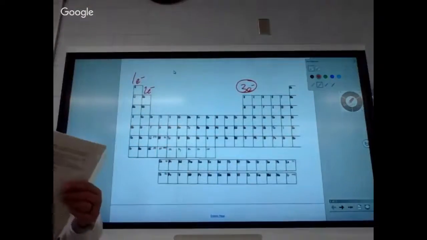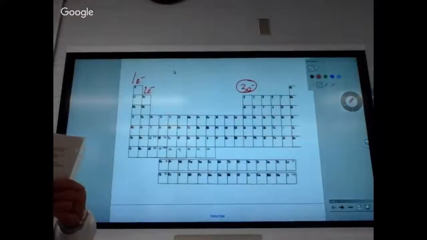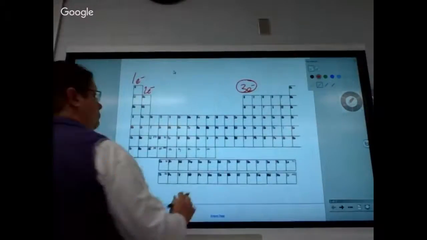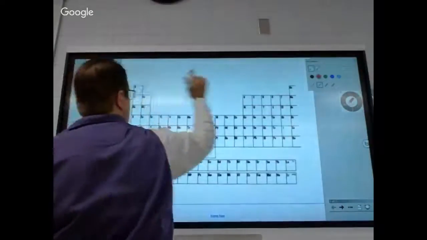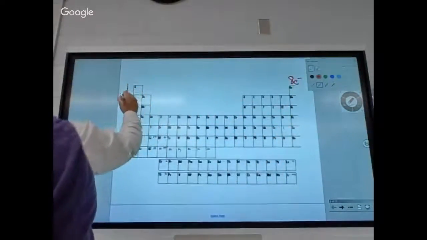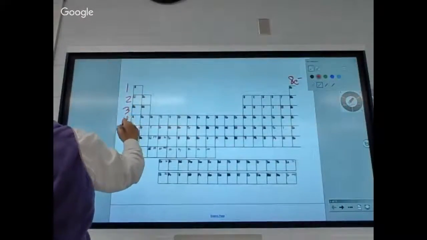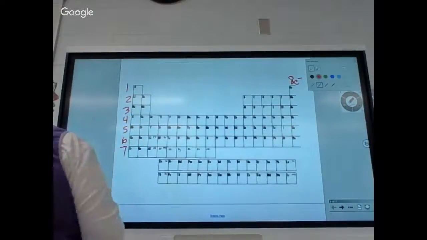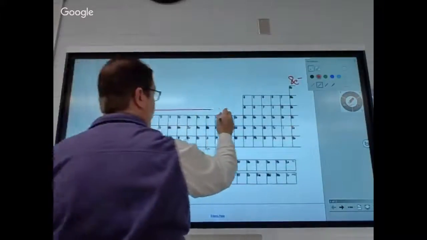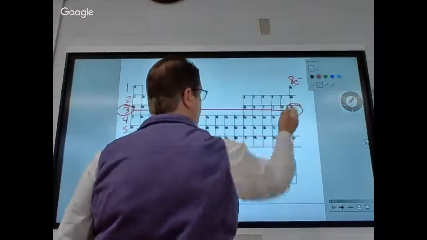All right. E, the third period element with an octet. Where did we say the octets are? The noble gases, right? All the octets are right here. Third period. 1, 2, 3, 4, 5, 6, 7. There are the periods. This is the third period. All the way across. Who's the third period with the octet?